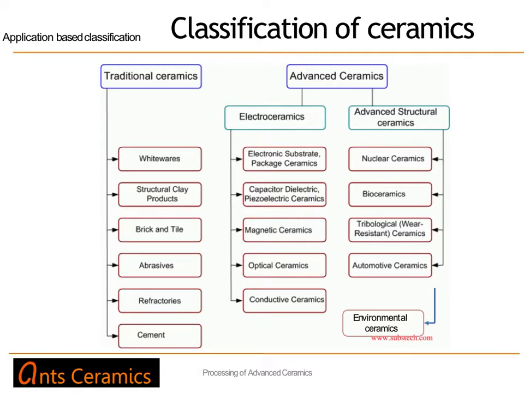In electroceramics, the applications are like electronic substrate or packaging ceramics, capacitors, dielectrics, piezoelectric ceramics, magnetic ceramics, optical ceramics, conducting ceramics, etc. In advanced structural ceramics, the applications are like nuclear ceramics, bioceramics, tribological or wear resistant ceramics, automotive ceramics, or environmental ceramics.